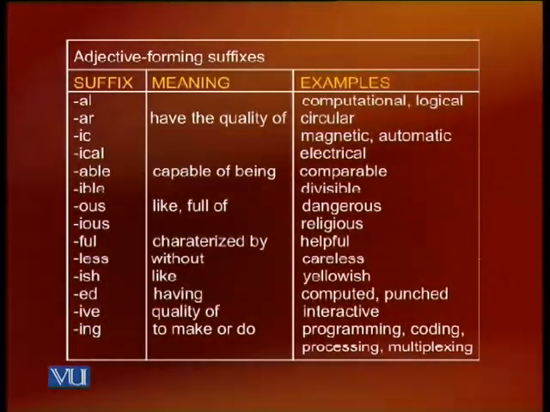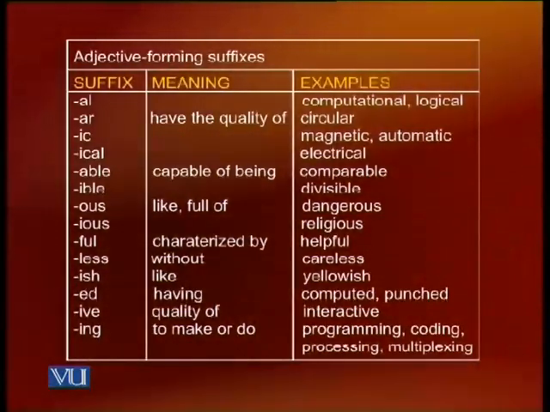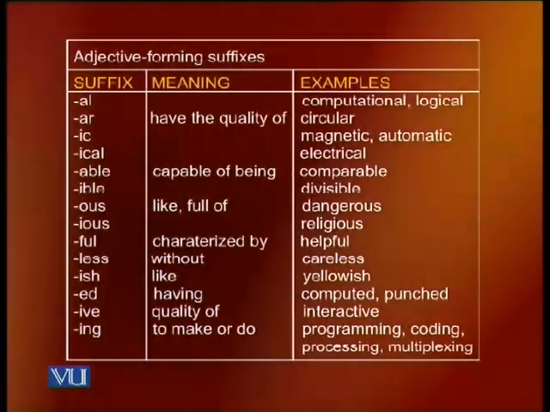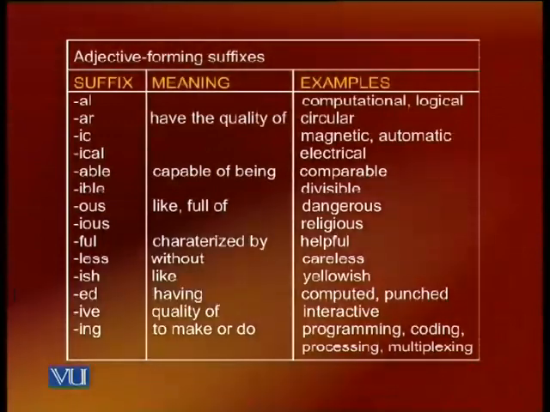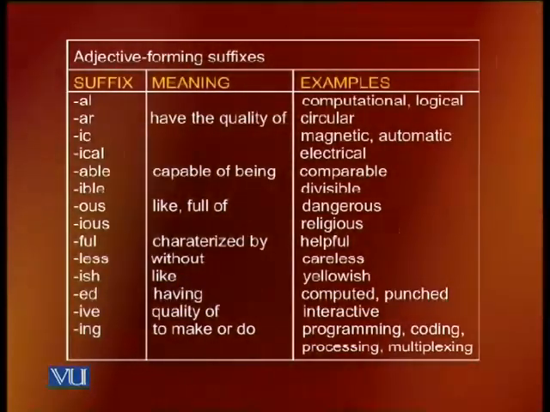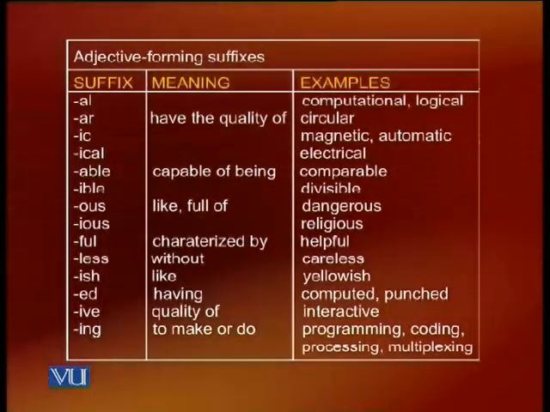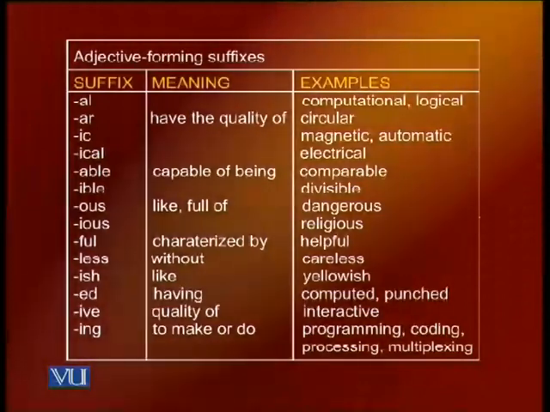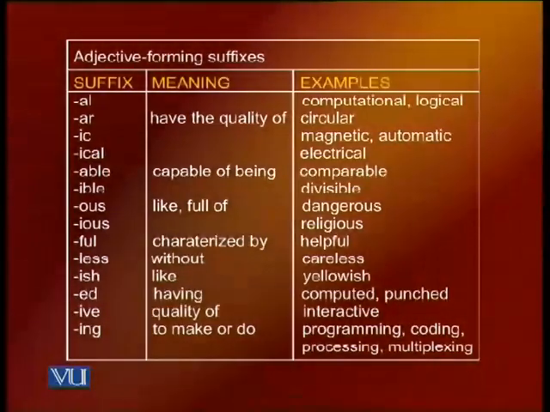Computational. You add al to the word logic, it becomes logical. You add ar to the word circle, circular. You add ic, automatic, magnetic, and electrical. Electric, and you add al, it becomes electrical. It is describing a quality.